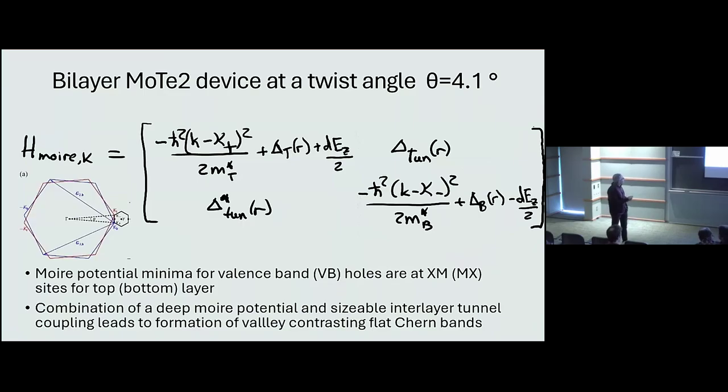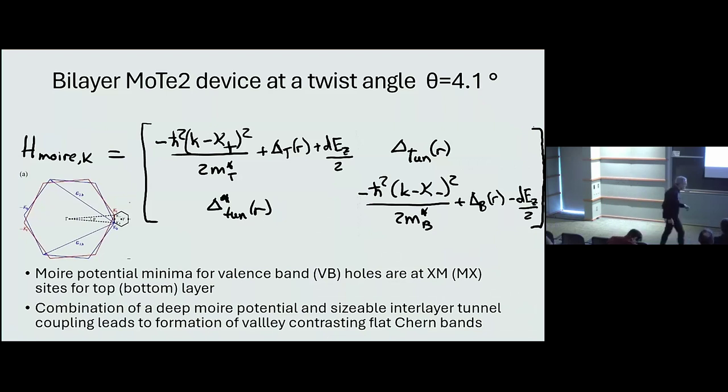Again, if you look at the moire Brillouin zone that is defined with the high symmetry points at kappa plus and kappa minus, or kappa top and kappa bottom. I cannot show you now.